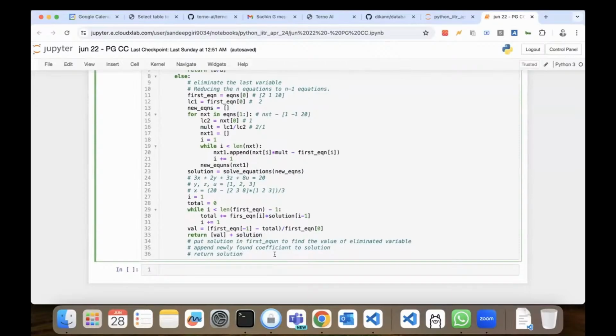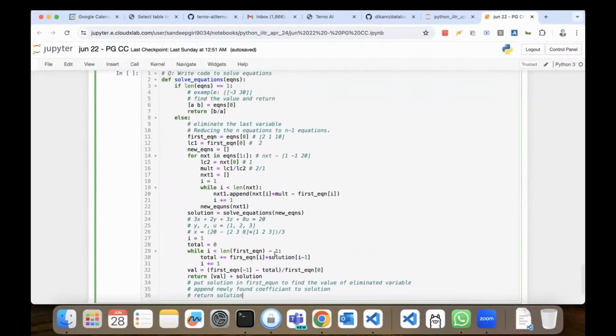Sandeep, can we also try to solve this with the help of determinants? Because I think that will be easy to code and understand. Because in that we only need to find the determinant of x and divide by the determinant of variables.